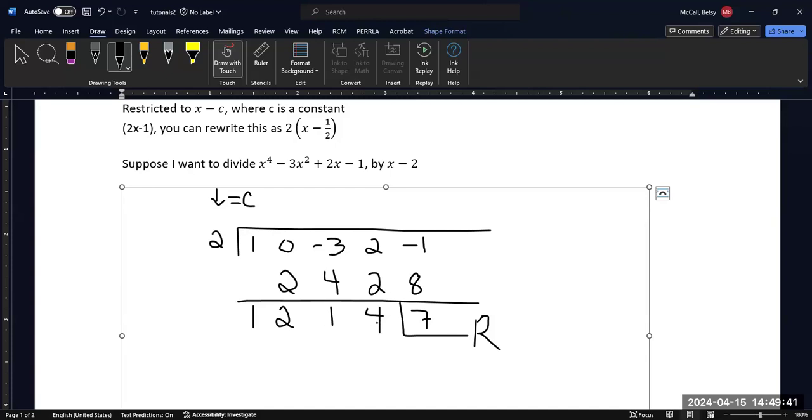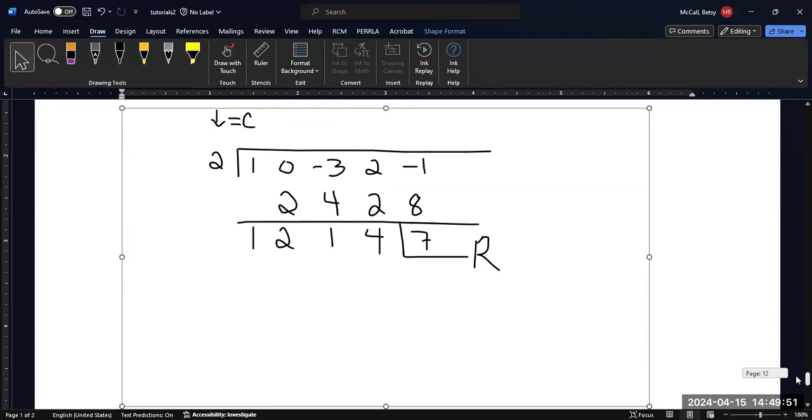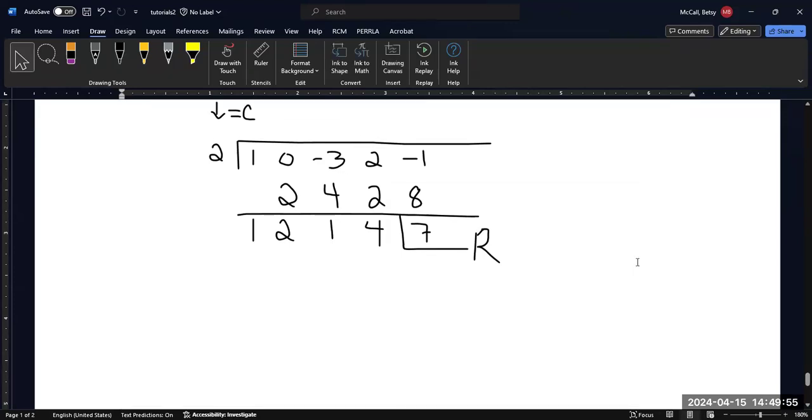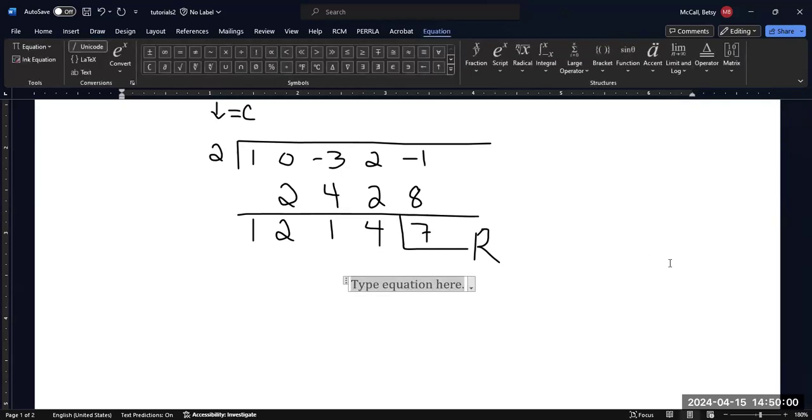And these other coefficients, these other numbers, they're going to be the coefficients of the polynomial that resulted from my division. And again, because I'm only dividing by a linear term, the result of my division is going to be 1 degree less than it was before. So the result is going to be x cubed plus 2x squared plus x plus 4, and then 7 over x minus 2.